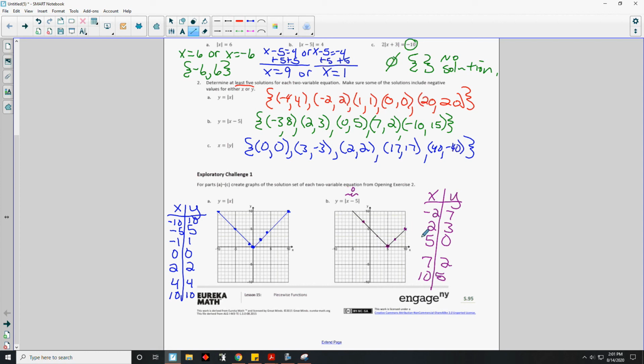Okay, there's one, and there's the other. So there's my absolute value of x minus 5. And actually, whenever I graph anything, I really should label my graph. So I should write here y equals the absolute value of x minus 5. And over here, I should write y equals the absolute value of x.